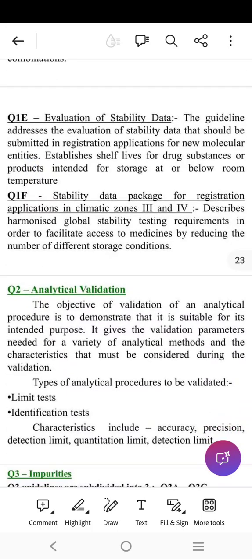Q1F, stability data package for registration applications in climate zones III and IV, describes harmonized global stability testing requirements in order to facilitate access to medicines by reducing the number of different storage conditions.